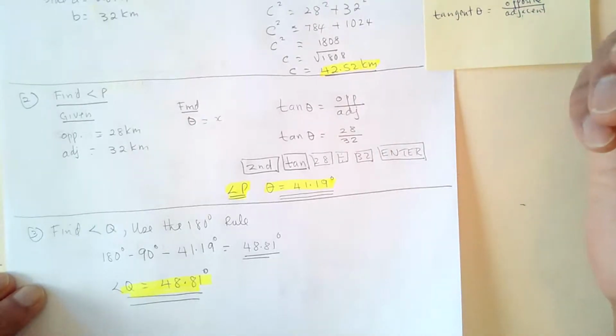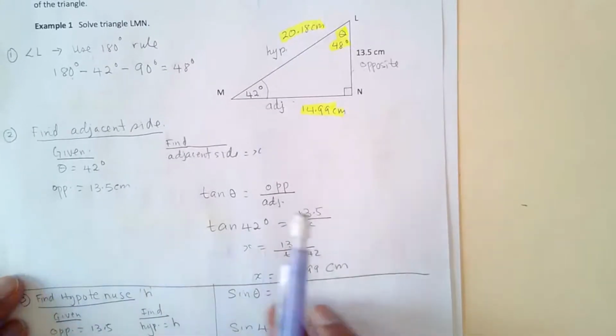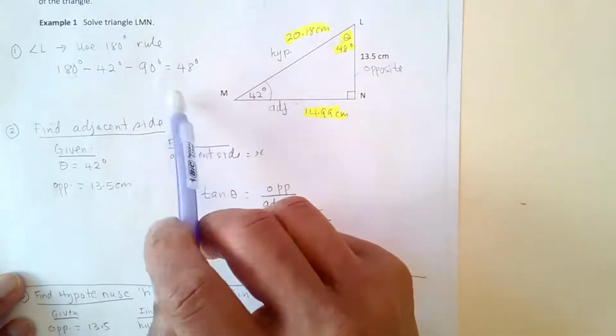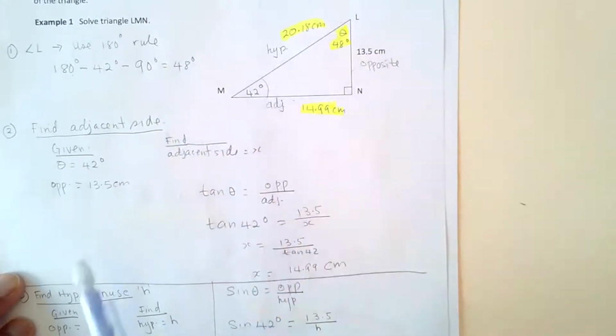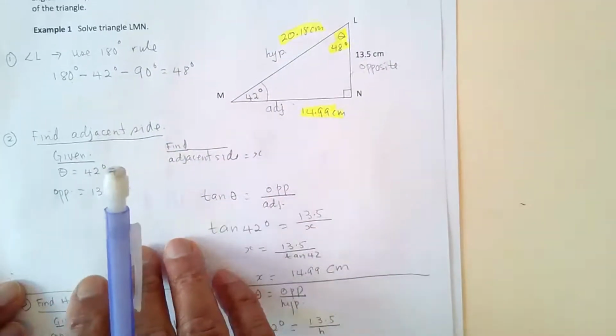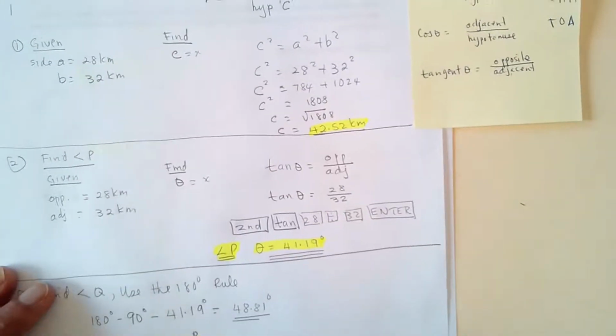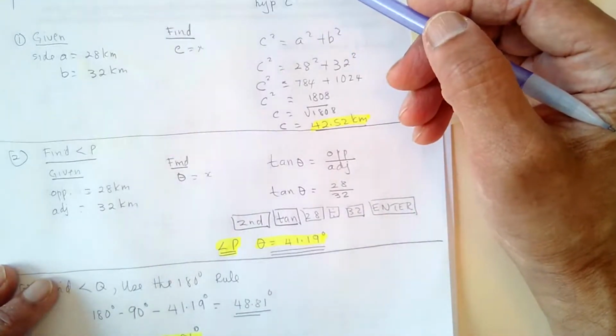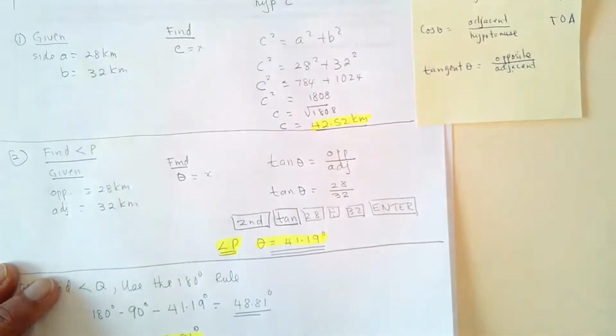So if you're given two angles, for example, like in the first case here, you immediately use the 180 rule because you know two angles. If you don't know two angles, but you only know the 90 degrees given, then we have to go about finding the measurement of the angle using the trig ratios.